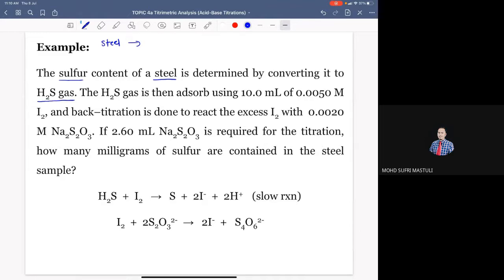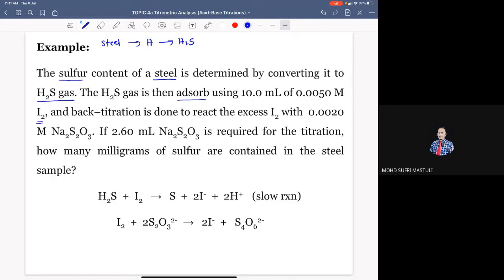So the sulfur in the steel is converted into H2S. The H2S is absorbed using 10 ml of 0.005 molarity of iodine.